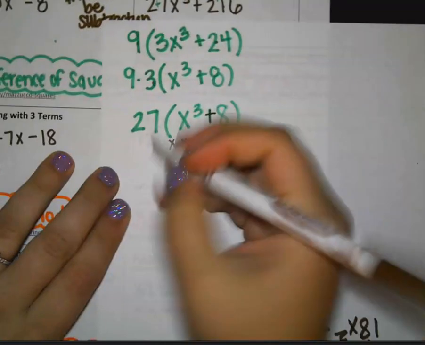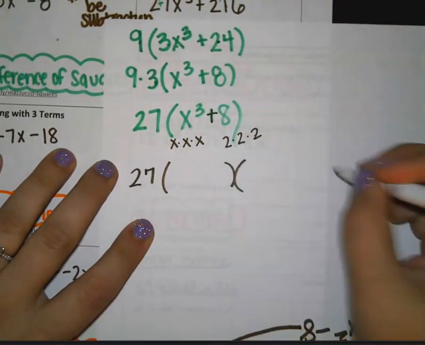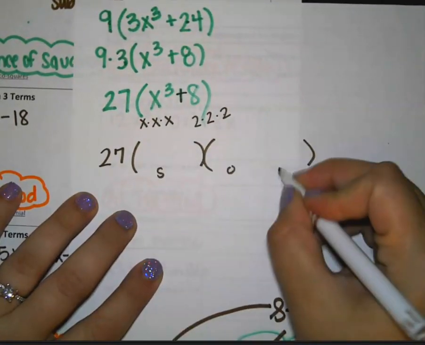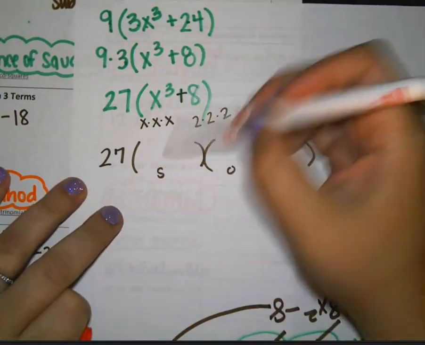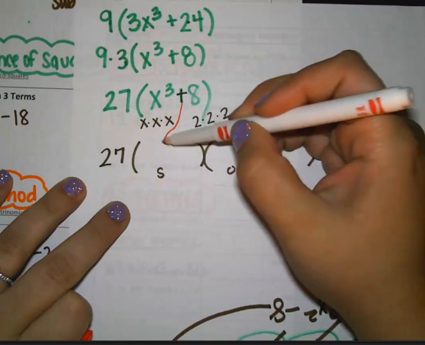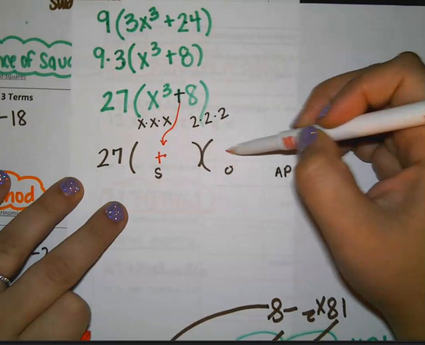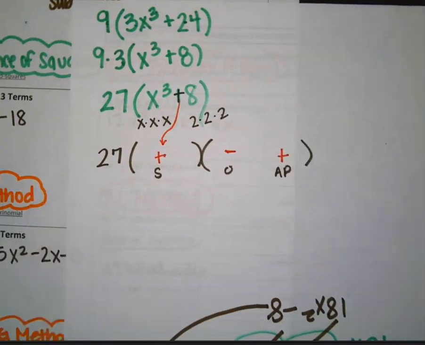So then what I do, if you're using the method I taught you, is the SOAP method. I set up my parentheses like this and I write SOAP. And the purpose of that is it helps me remember the signs. S means keep it the same, so I'm going to bring down that plus. O means the opposite of that, so a negative, and AP means always a plus sign, always positive.